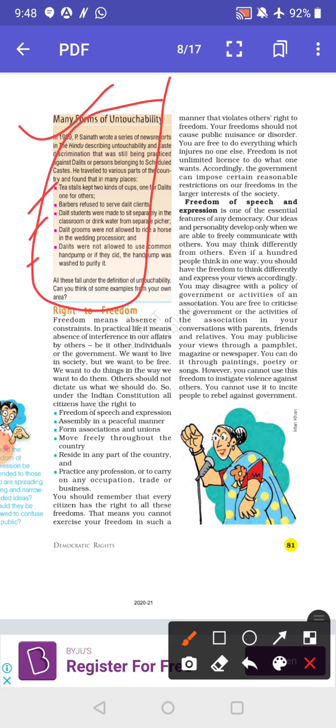In order to stop such things, and to give equal status to all the people, to whichever class or section they belong, the right to equality is very important, because there are incidents or events which take place in our nation which show this inequality or discrimination. So you have to go through this, the forms of untouchabilities which used to be practiced.